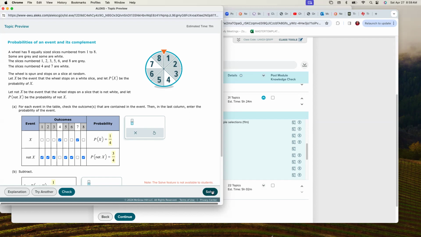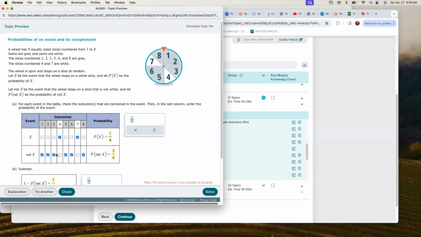of the outcome. And so if I go ahead and see which ones satisfy this, it says let X be the event that the wheel stops on a slice that is not white. Well, one that is not white, I would mark all those. That's the 1, 2, 3, and the 5, 6, and also the 8. So I'm just checking these things off.